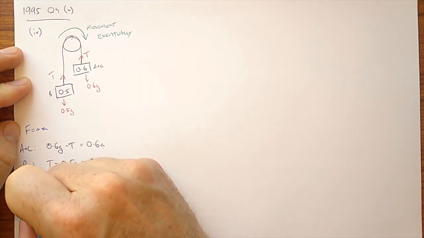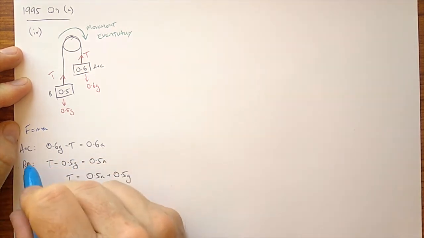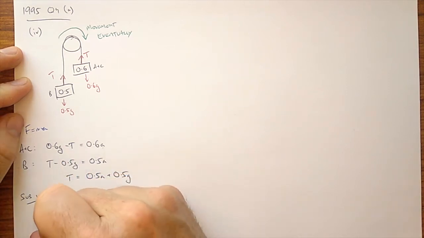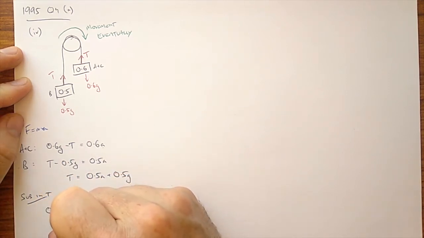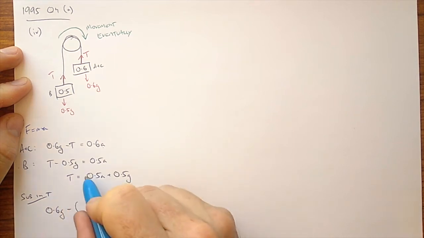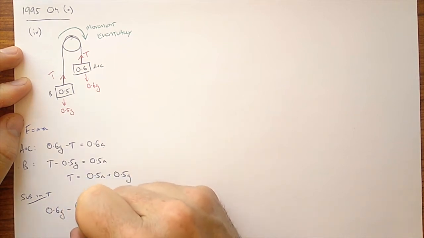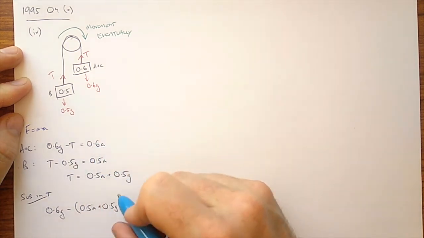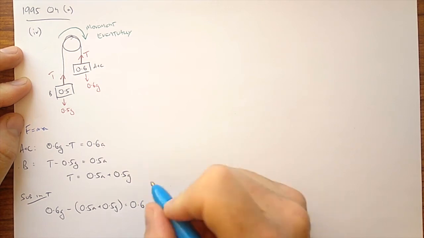Just as before, we sub in t. So we are going to sub t into this top one here, 0.6g minus, this t value comes down, 0.5a plus 0.5g equals, we're still finishing this equation, 0.6a.